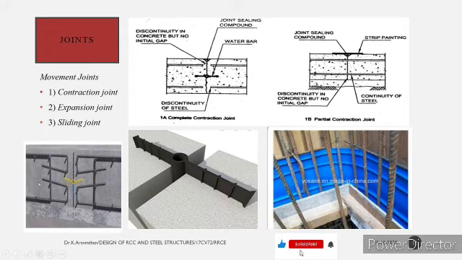And you can see here the reinforcement is anchored on both sides, and the water bar is provided in between, along with the contraction joint. This structurally helps during the expansion and contraction. This joint helps the structure to reduce the cracking.